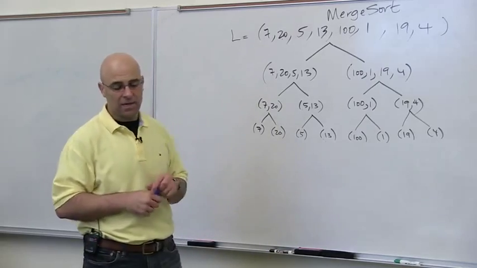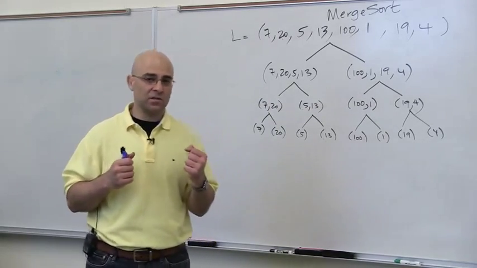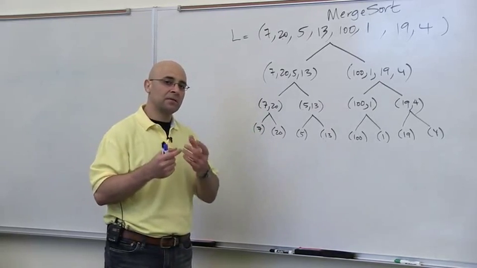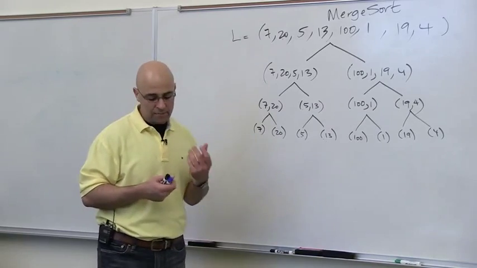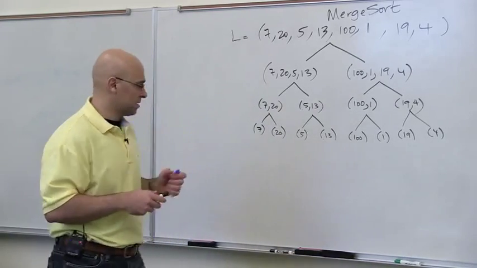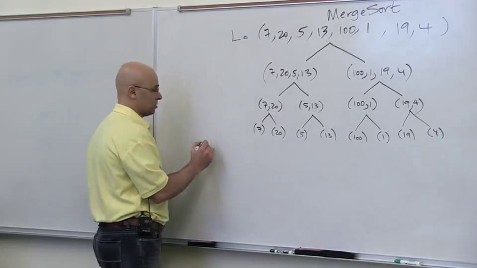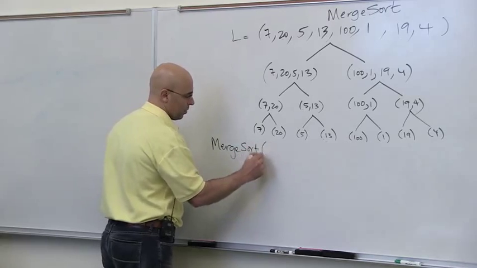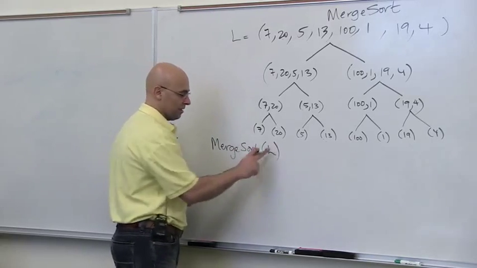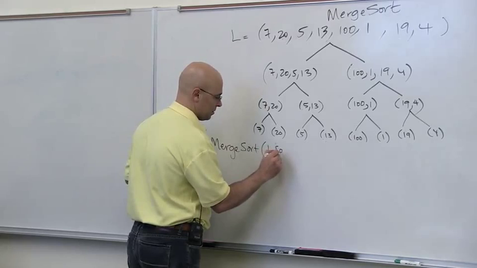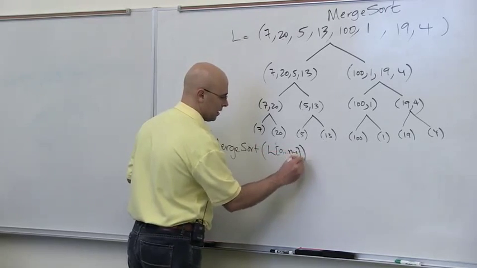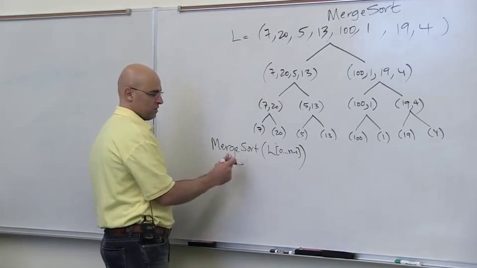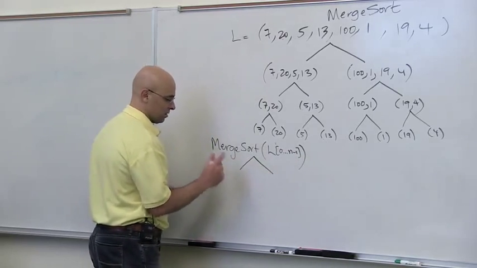So what is the running time? Since this is a recursive algorithm, the technique for analyzing the running time of such an algorithm is a bit different. Let's look at it: when we are doing MergeSort of a list L of n items, from position 0 to n minus 1, MergeSort is going to be doing three things.